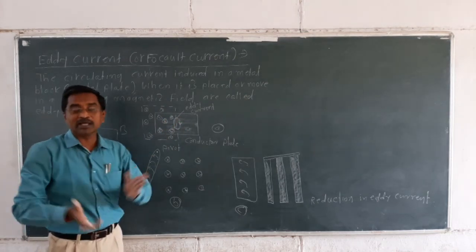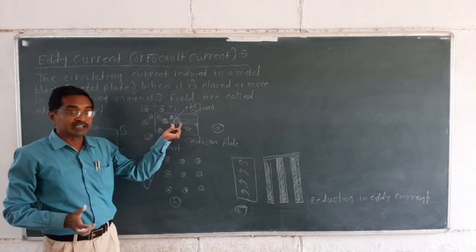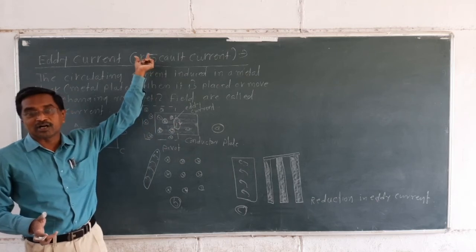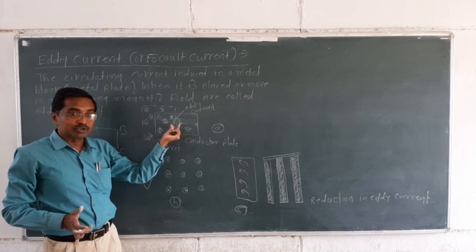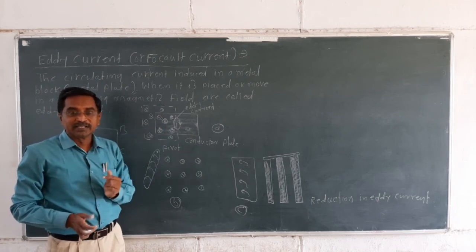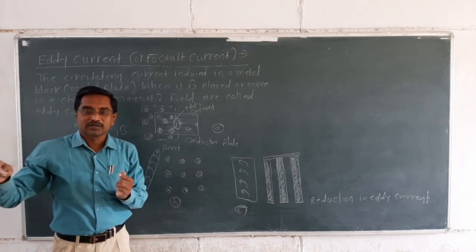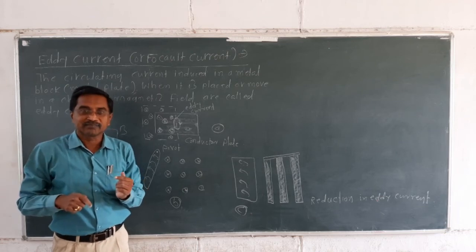So circular current is generated here, and that circular current is called eddy current because the circular induced current which is generated in this metal block or metal plate is similar to the eddies in the water. पाण्यामध्ये भोवरा जो तयार होतो तो तुम्ही प्रत्येकाने बघितलेला आहे.